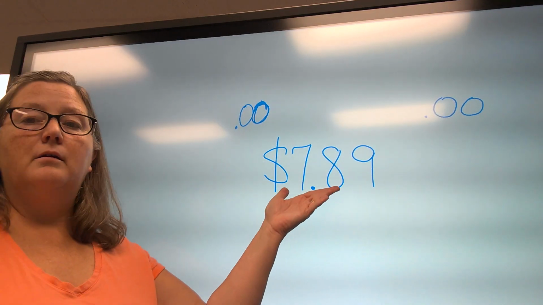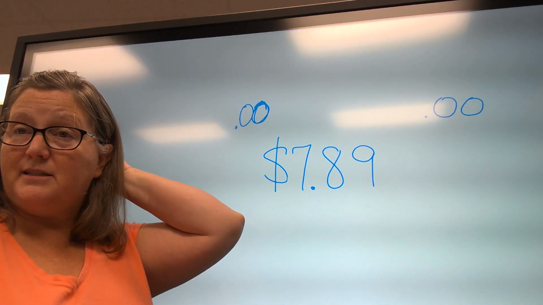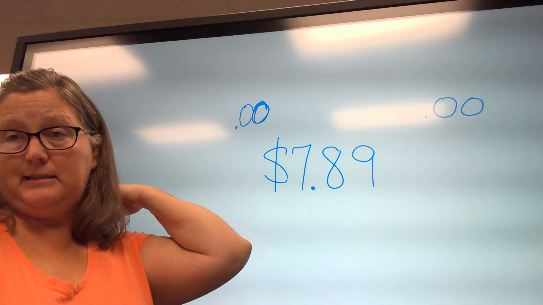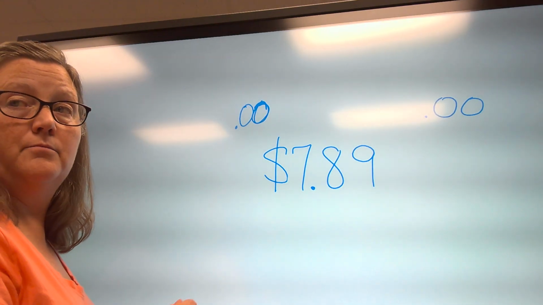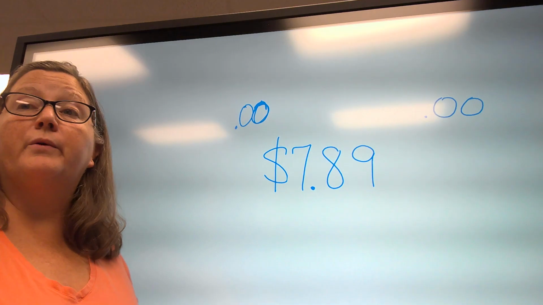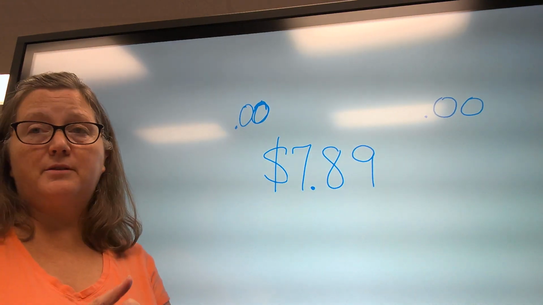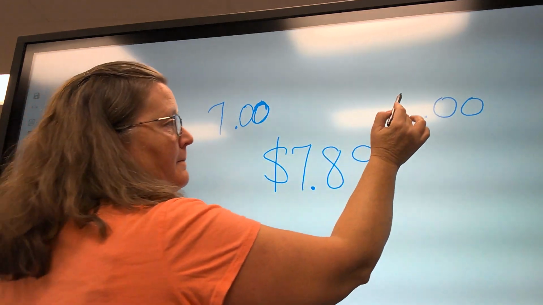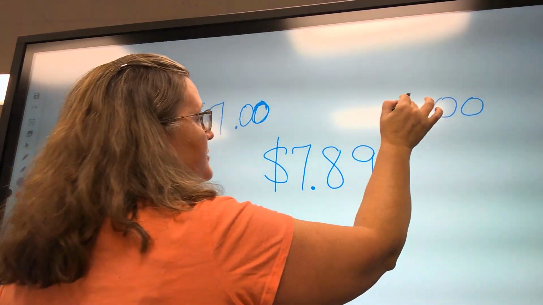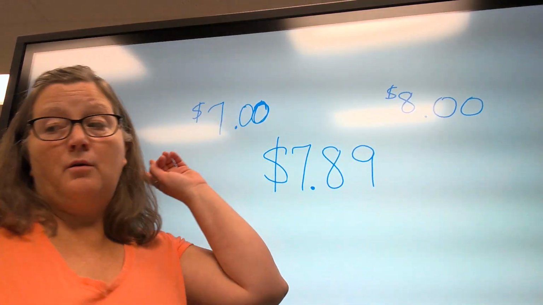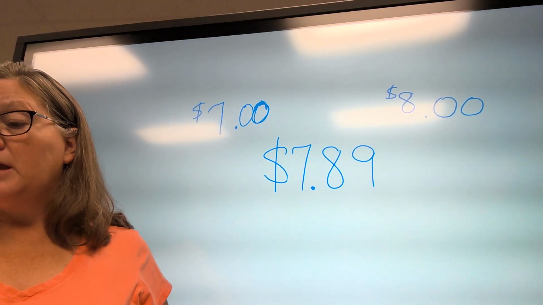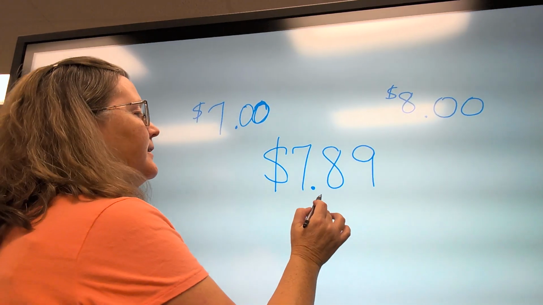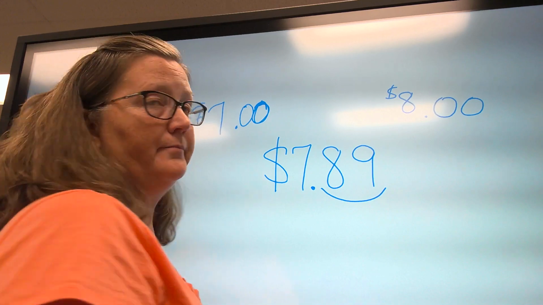Okay, between which two dollars is $7.89? Between which two, we're talking $1. Is it $1, $2? Between $7 and $8? $8. So it'll round to one of these two. So we take a look at the number 89.